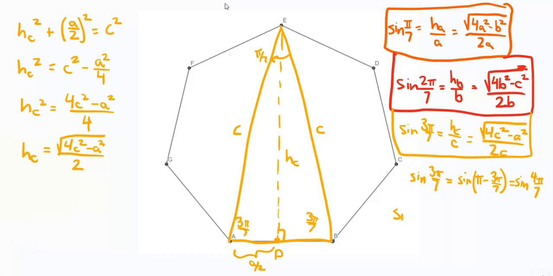So the sine of 4 pi over 7 also has that ratio of the square root of 4C squared minus A squared all over 2C.